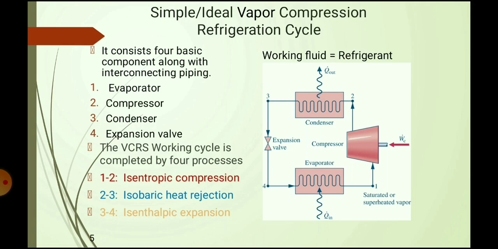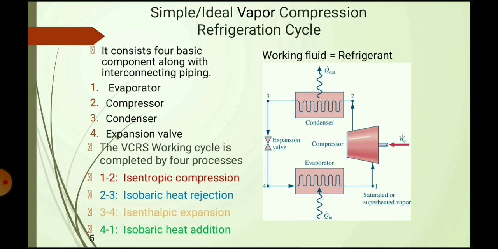During this process, the enthalpy remains constant. Therefore, the process 3-4 is an isenthalpic process. Clear? And during this process, the enthalpy remains the same. That means H3 is equal to H4.